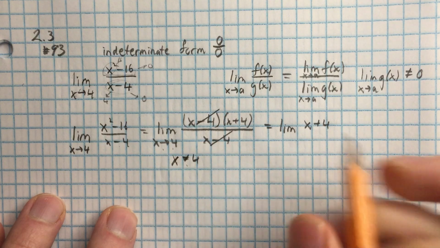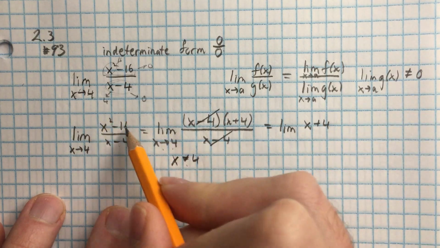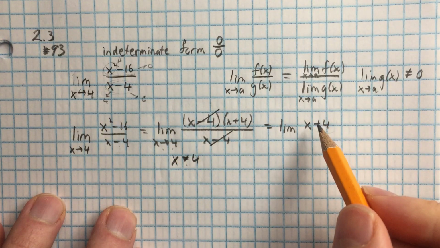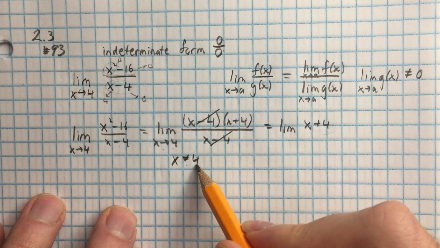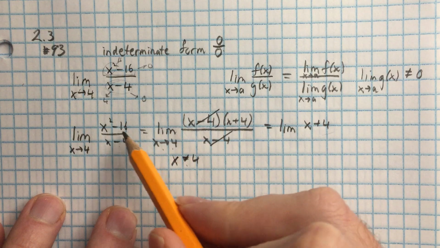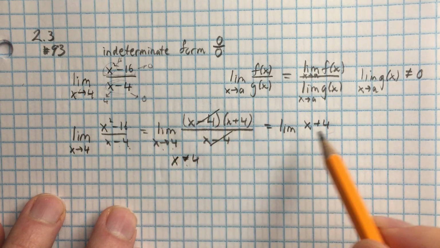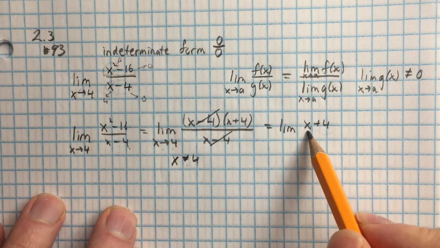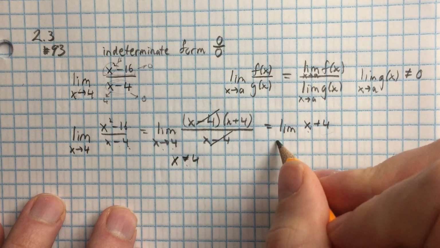We're only approaching 4. So therefore, this function here and this function here are equal for all values except for this one. And therefore, we can replace x squared minus 16 over x minus 4 with a simpler expression, a polynomial expression, x plus 4.